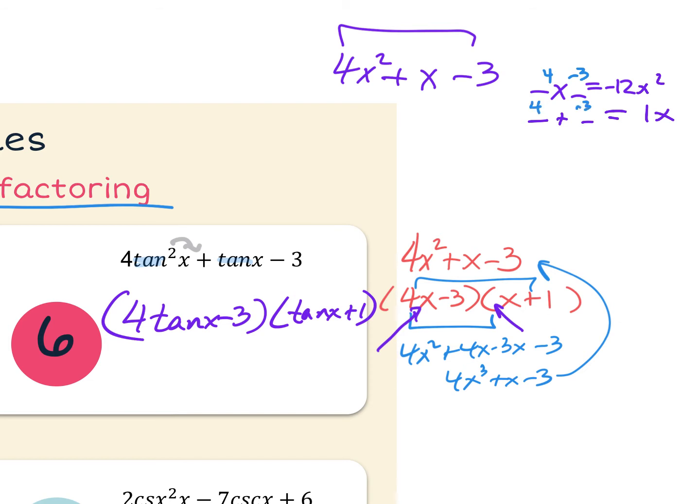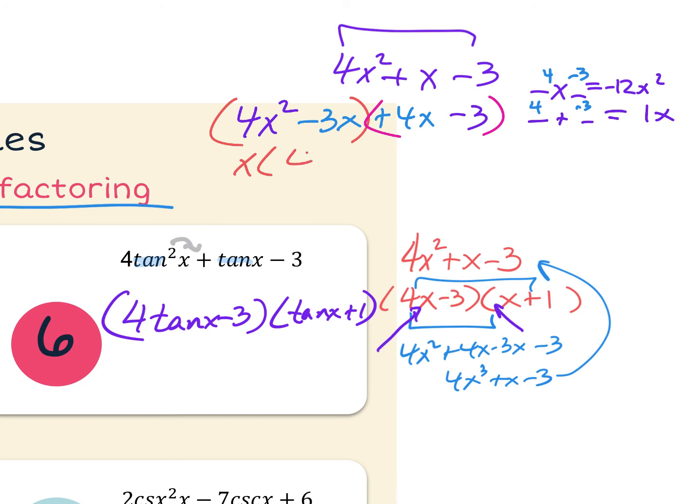And then you would have factored by grouping. You would have left the first term the same, replaced the middle with the two factors you just found, and then rewrite the last term, and then make your groups here. GCF of the first group would have been x, and it would have been 4x minus 3 left.